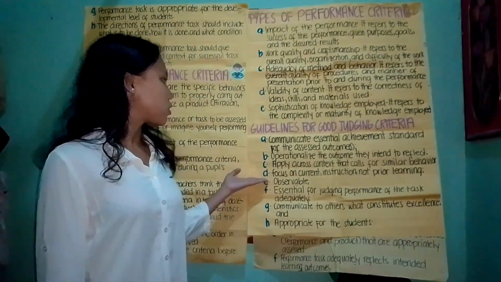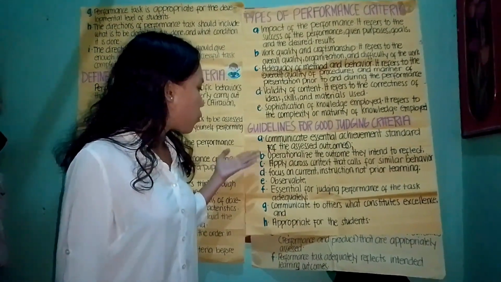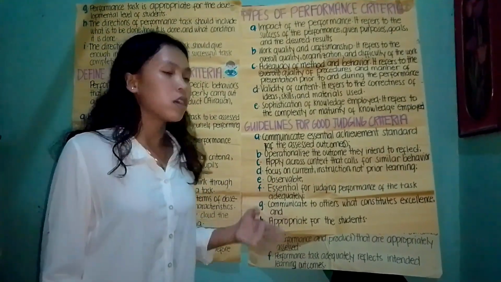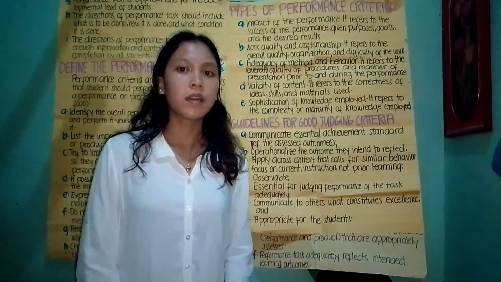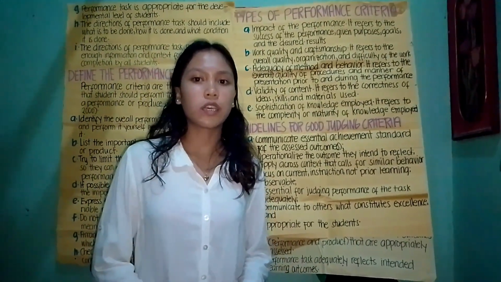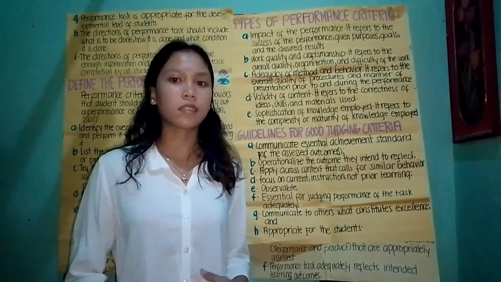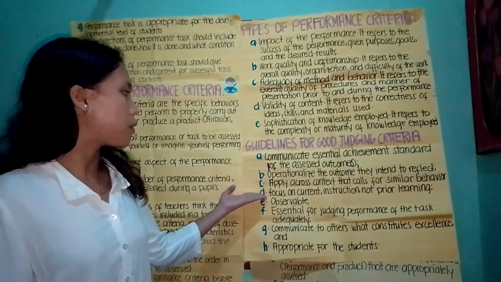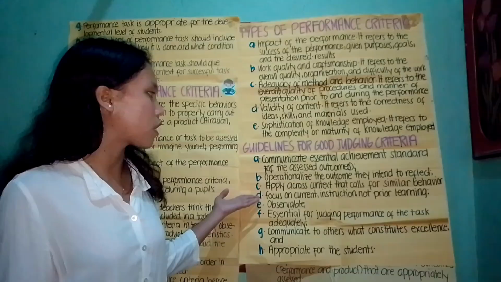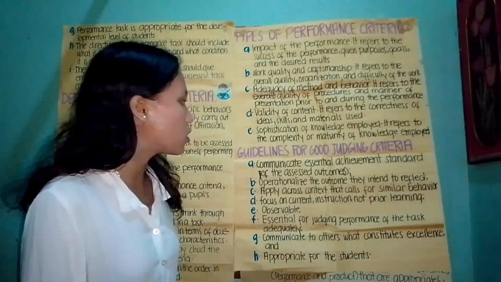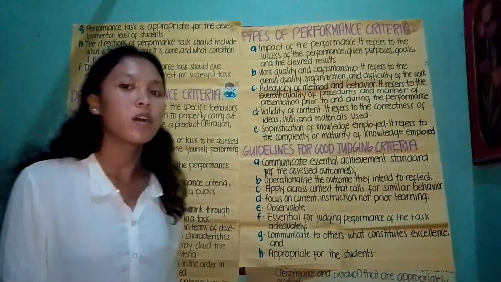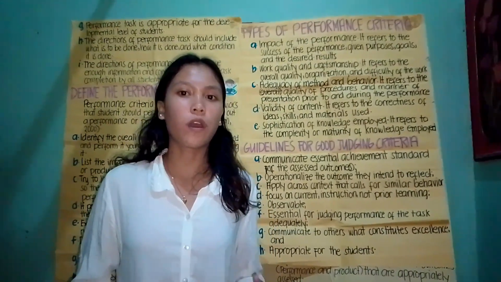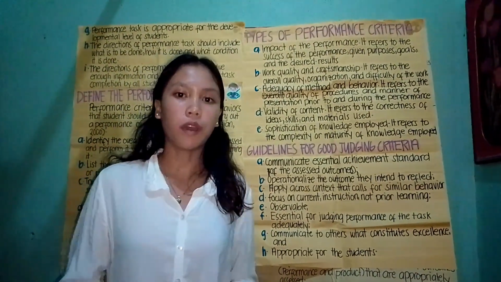And for B is operationalize the outcomes they intended to reflect. The criteria should explain exactly what success looks like. So letter C, apply across contexts that allows for similar behavior. So the criteria should apply in other tasks requiring similar skills or behaviors.